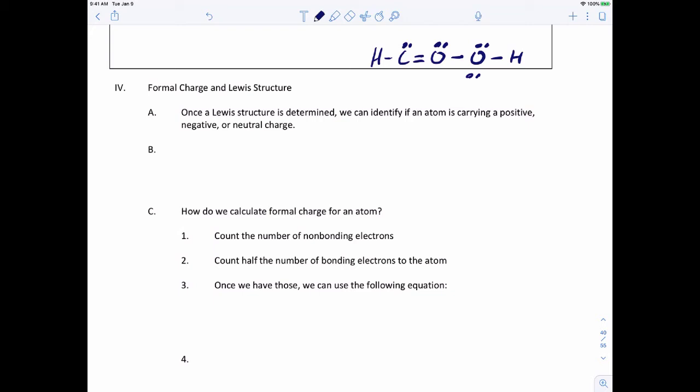So let's talk about this a little bit. Formal charge. What formal charge is, this is the electrical charge difference between the valence electrons in an isolated atom and the number of electrons assigned to that atom in a Lewis structure.